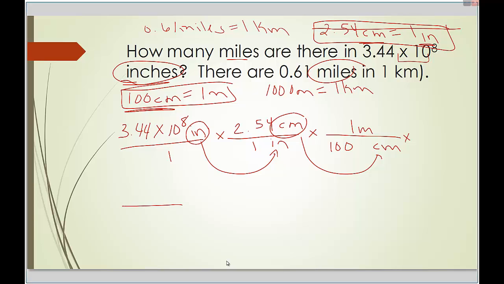Alright, so centimeters cancel, and I have meters on top, so I want to put meters on the bottom of the next one. I've used the centimeters now, so I want to cross that off, and I'm looking for some other conversion factor that has meters in it. It's right here. And 1,000 goes with meters, and that is equal to 1 kilometer.